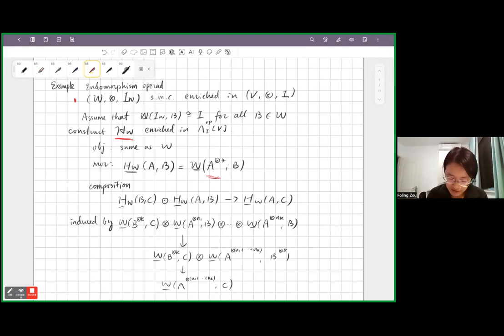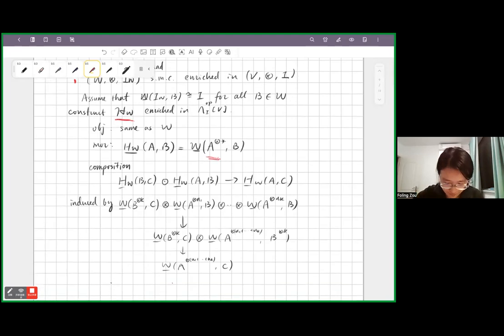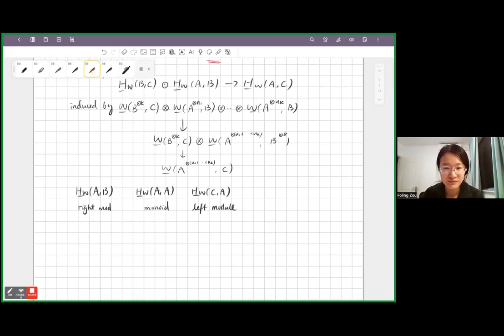So you have A to B and you have B to C, and then you can compose them. So this way, naturally, the automorphisms in this category form a monoid in lambda sequences, and maps from A to B in this category form a right module over this monoid, and maps from C to A form a left module over this monoid.